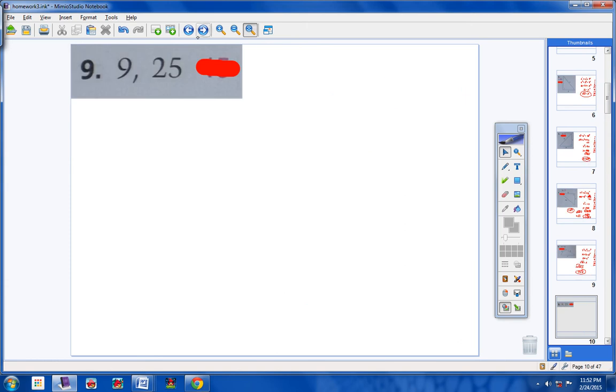Alright, moving on to number 9. Numbers 9 and 10. The directions say to find the geometric mean of the numbers. Well, students, anytime you're given two numbers and you're told to find the geometric mean, there's two ways to do it, okay? You can put the 9 and the 25 here, and put your x here and here. Cross multiply.